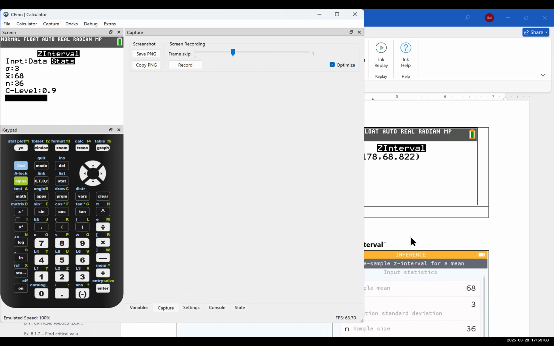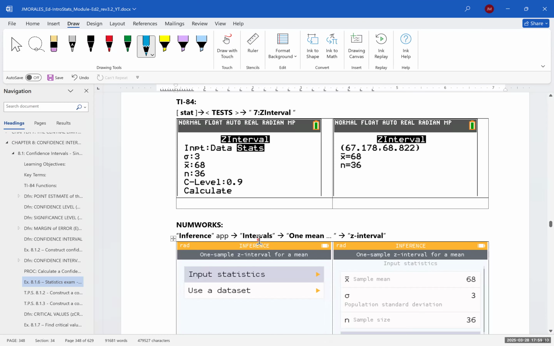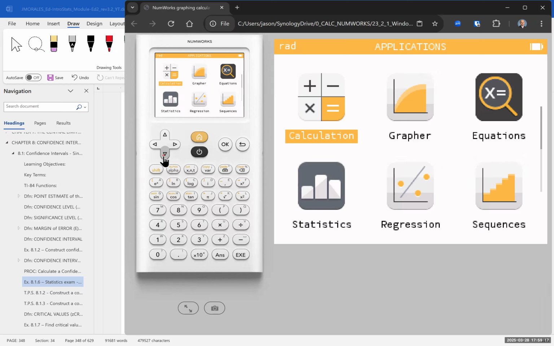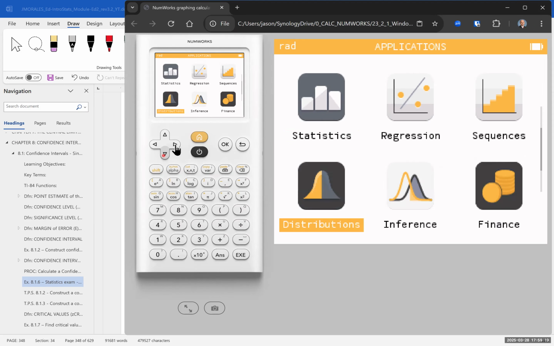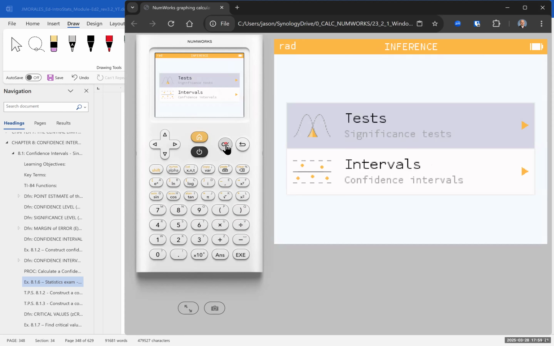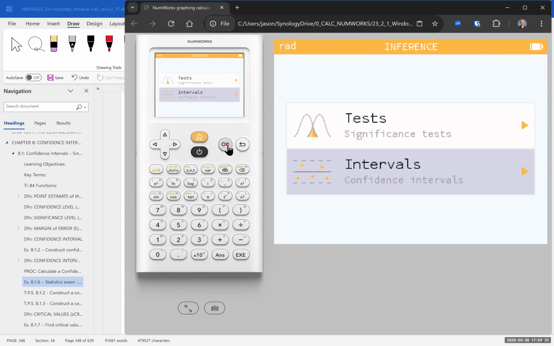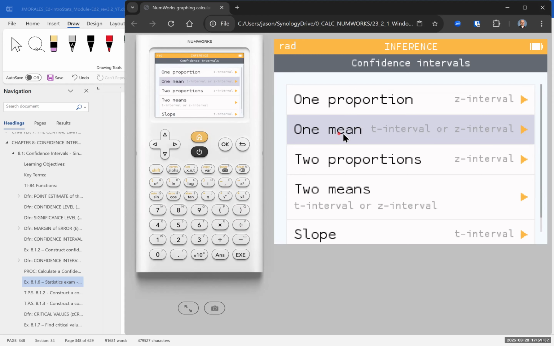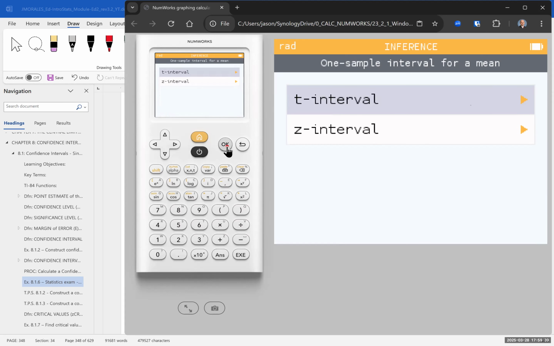For the NumWorks people, I believe there's an inference app and then intervals. So let's do that. We'll hit home. Yeah, inference app, which I think might be the first time you've seen this. Go to intervals, click OK. And we want a single mean interval. So notice it says T interval, Z interval. We want a Z interval.